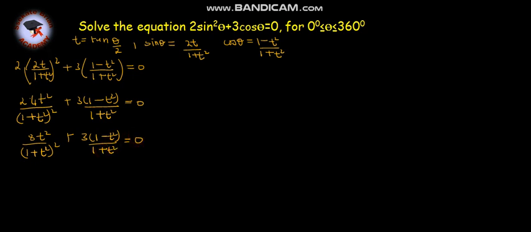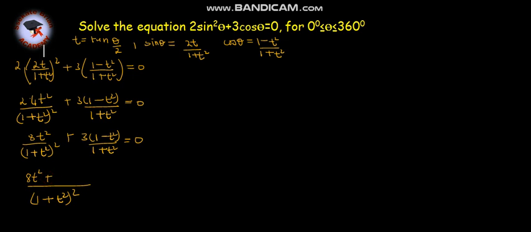Now I'm going to find the LCM on the left hand side, and the LCM of the denominator is 1 plus t squared, squared. So 1 plus t squared squared divided by 1 plus t squared squared, we shall get 1. 1 times 8t squared, we shall get 8t squared.